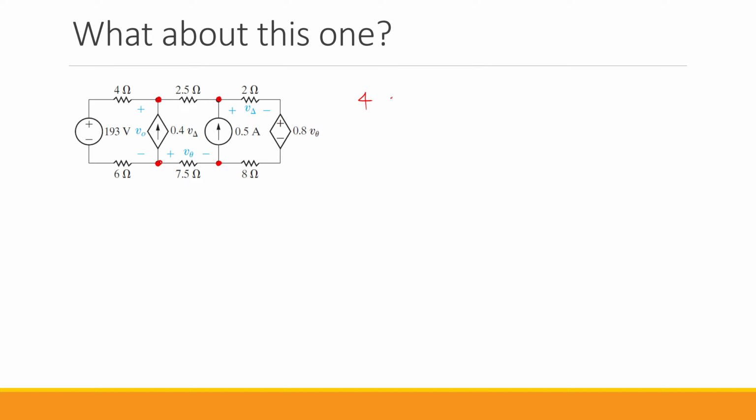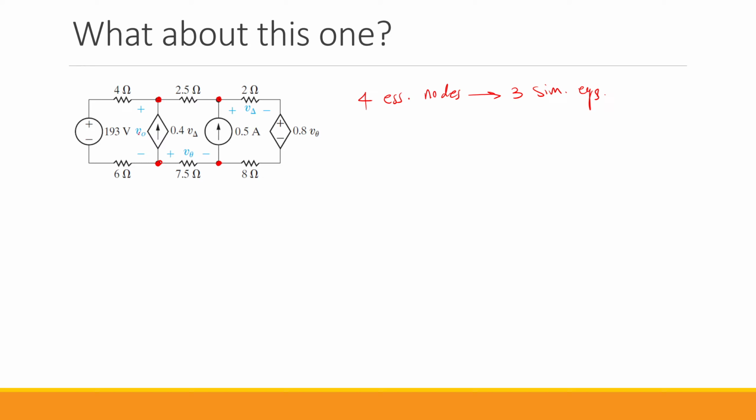So we have 4 essential nodes, which means that we need to write 3 simultaneous equations. What about the mesh current method? How many meshes do we have?